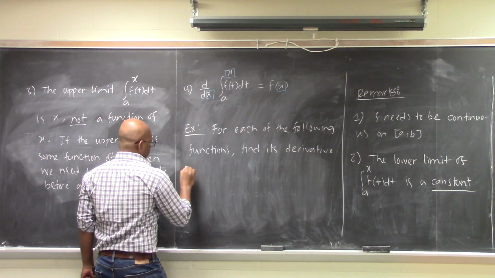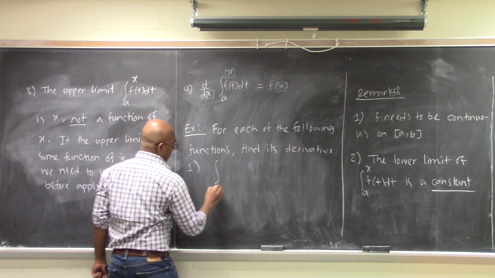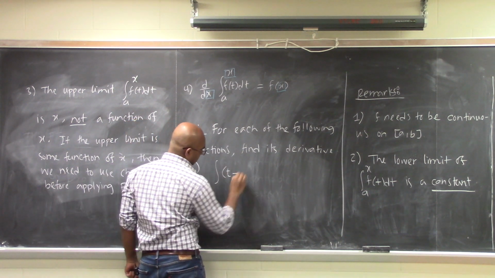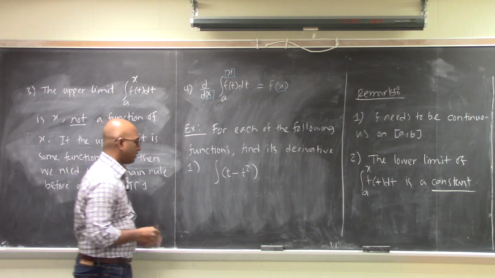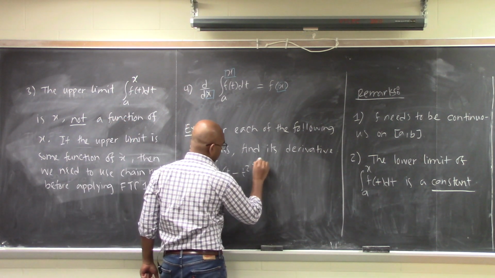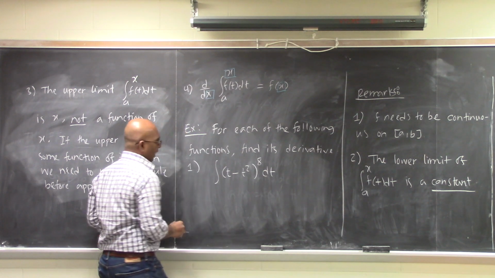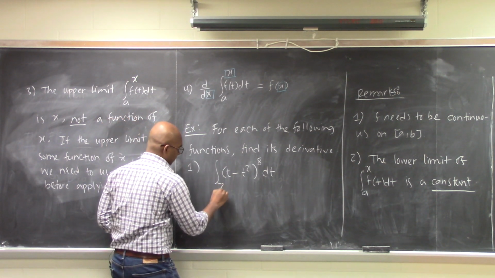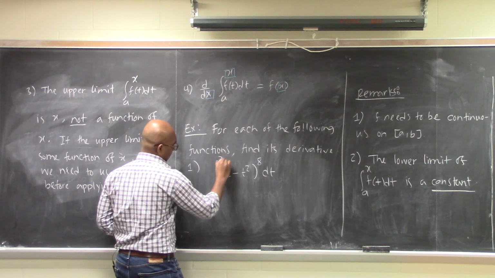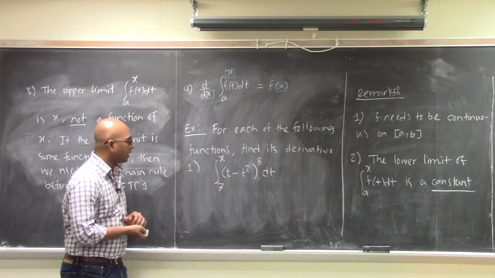The first one is this: t minus t squared raised to some power. Let's take just 8. And we need to have a base point, so let's make it 7, and let's make the upper limit x. Okay, so that's my function.